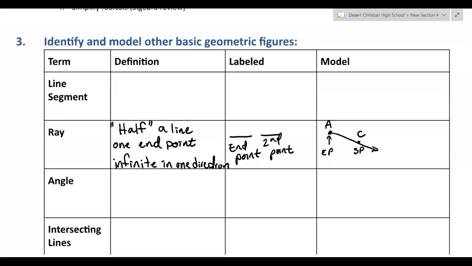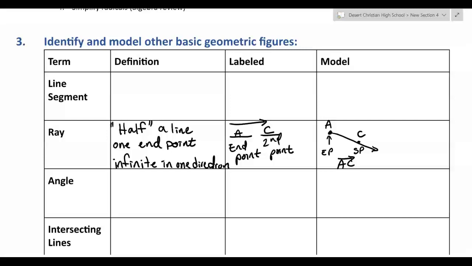And then we label it with a one-arrowed line, a ray symbol, above those two letters. So for instance, in this example, we might have ray AC, or it might more realistically look like this: AC with a ray symbol over it. Ray AC.